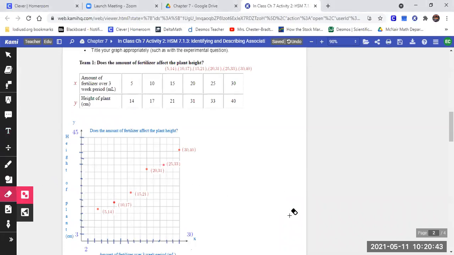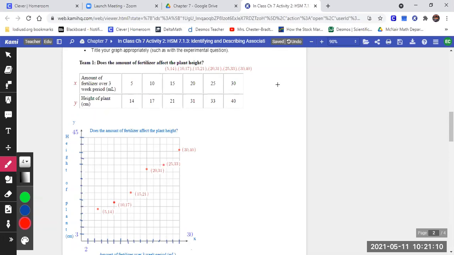Okay. So an outlier would be on our graph, but let me show an example. If I was going to have an outlier for this situation, let's say they told me that at 10, my plant only grew 9. That would be an outlier because it's down here when we expect it to be up there. So it's not that it's a little bit off, it did not fit the pattern at all.